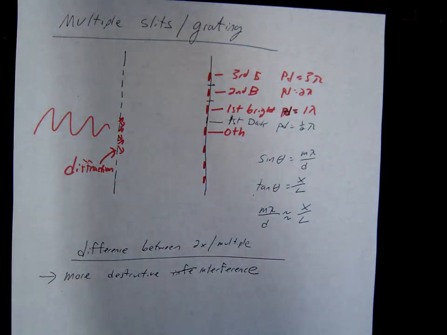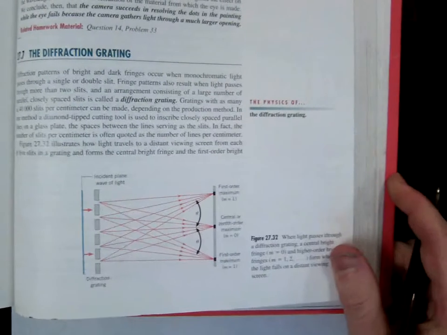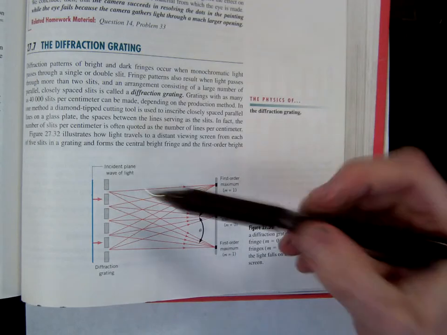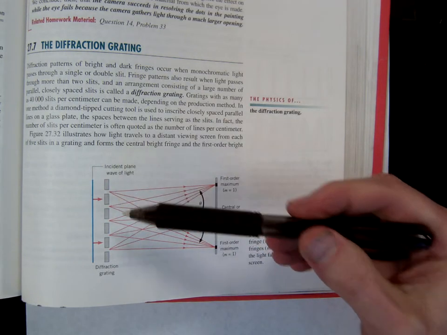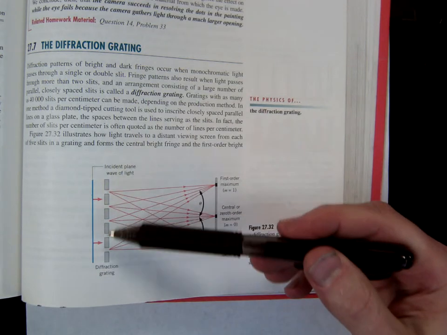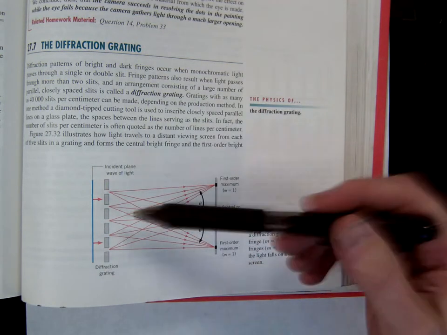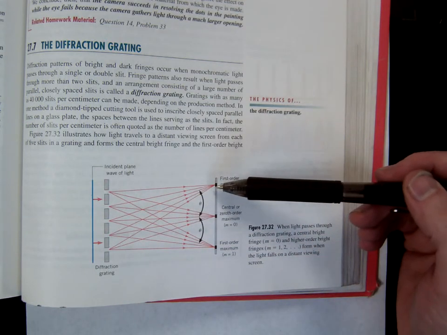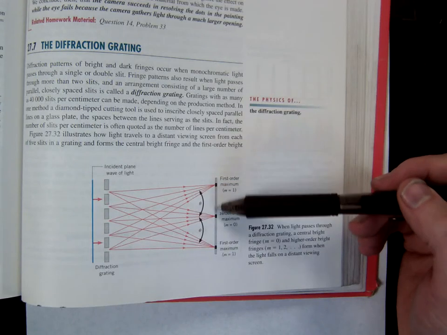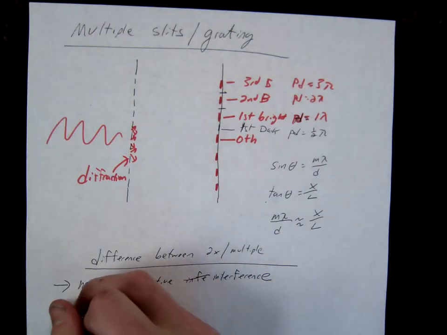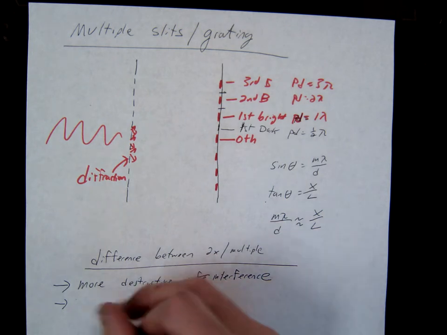If we look at this picture here, in the double slit you basically have those 2 beams that you look at. In the multiple slit, like this 1, 2, 3, 4, 5, you have 5 beams to look at. When they all come together at one point, you get the full constructive interference. However, all along the way, you're going to get lots and lots of destructive interference, which means you're going to have a larger region of dark space.